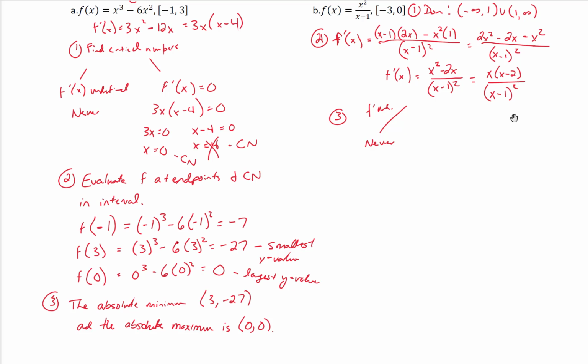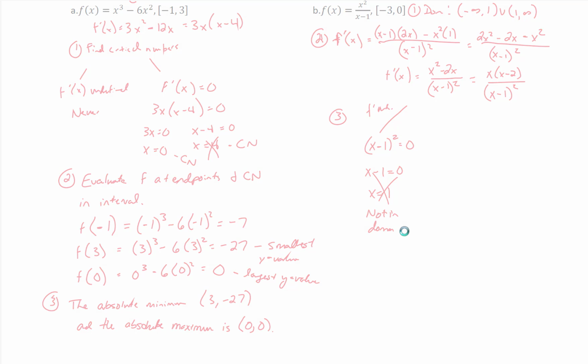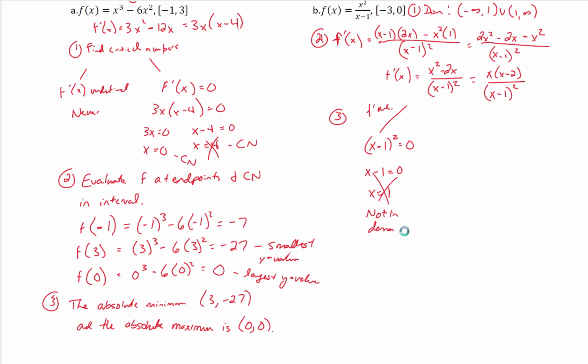So if we look at it, it's going to be undefined whenever x minus 1 squared equals 0, right? So square root both sides, so x minus 1 equals 0. So x equals 1, which is not in the domain, and also not in our closed interval, so we don't worry about that. So it's never undefined in our interval we care about.